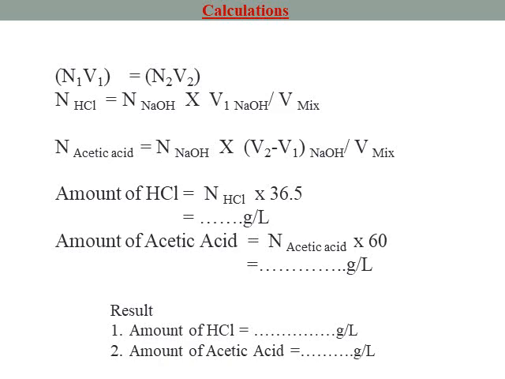The amount of acetic acid is the normality of acetic acid multiplied by 60, the molecular weight of acetic acid, again giving grams per liter. So the result is the overall amount of HCl as well as acetic acid present, in grams per liter. Thank you.